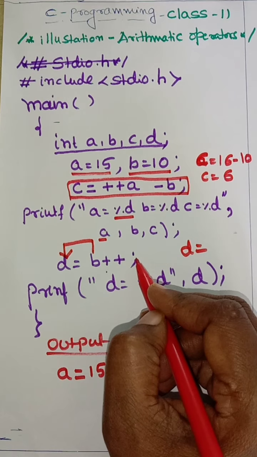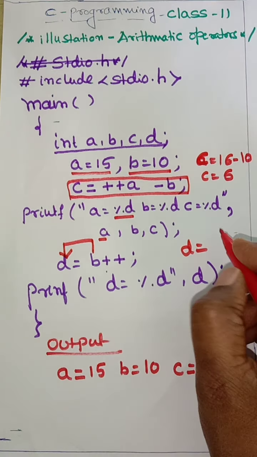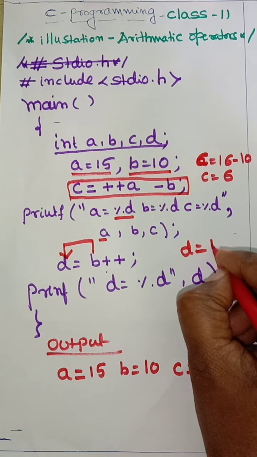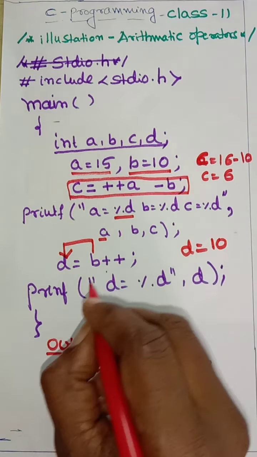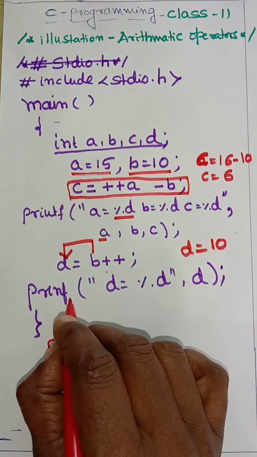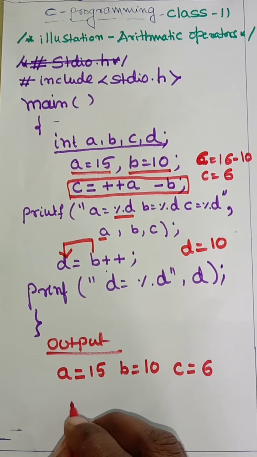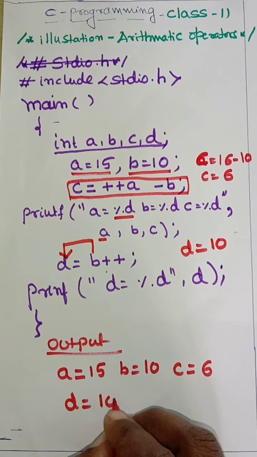Afterwards, it increments the value. So here your d value is going to print as 10. So when I write printf d is equal to percentage d, it is going to print d is equal to 10.